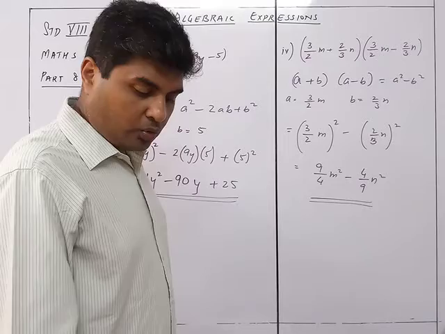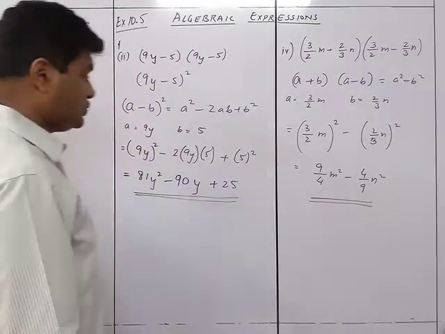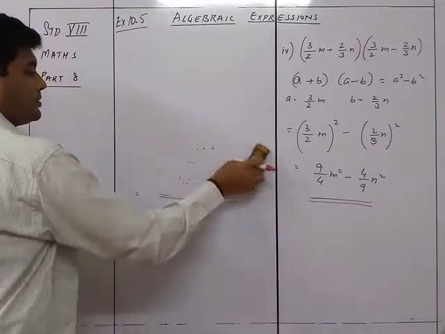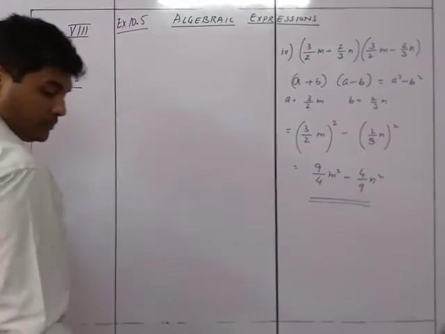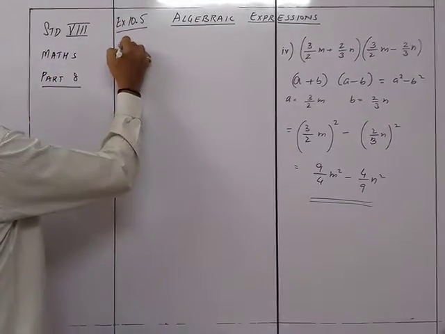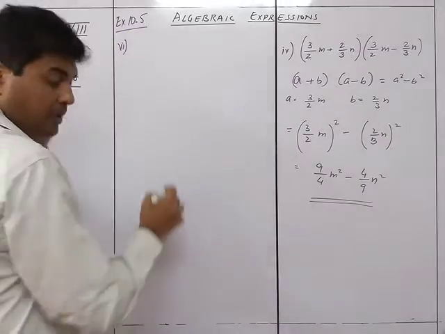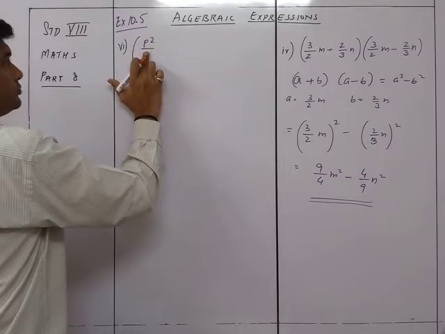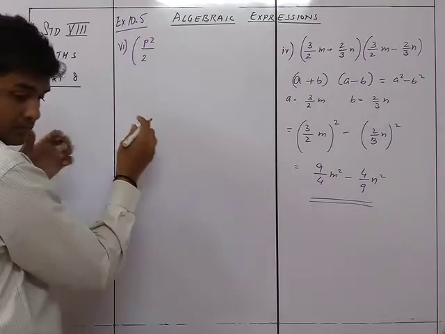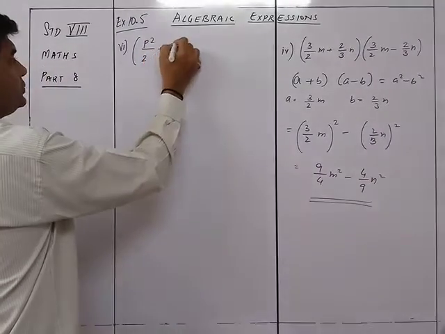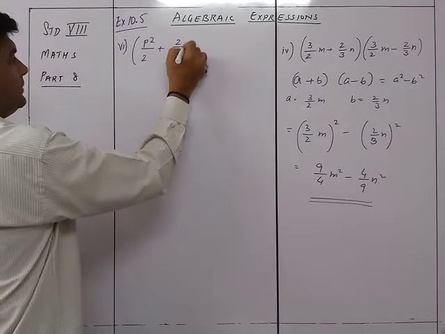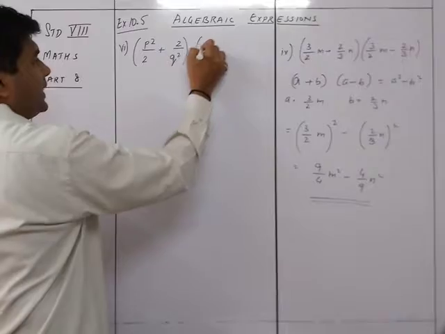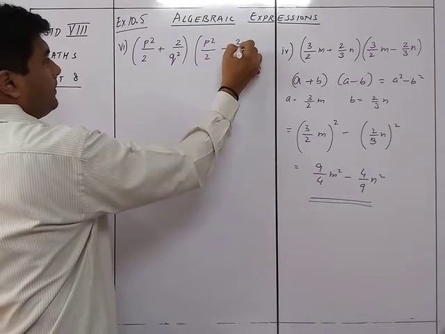We now move on to question number 6 of the first one. Question number 6 we have is (p square upon 2 plus 2 upon q square) into (p square upon 2 minus 2 upon q square).